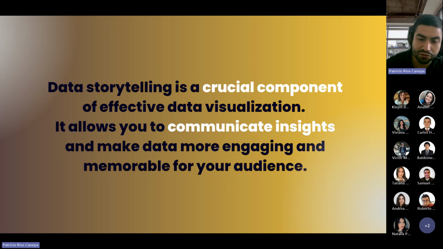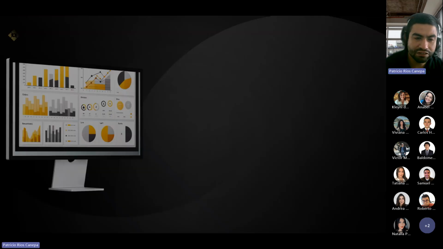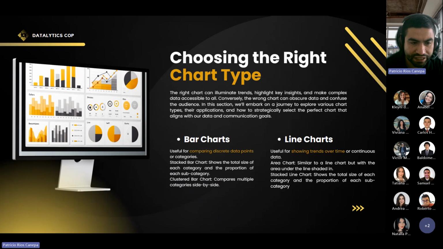It also allows you to communicate insights, because data as it's presented doesn't say much. Part of being a data analyst is getting those insights and making the most of them so everyone has a memorable and engaging experience with your dashboards and visualizations. So remember, data storytelling and data visualization are really key for any data analyst.